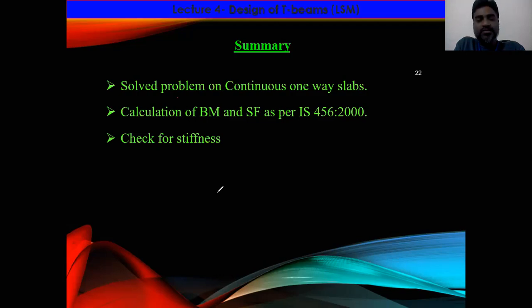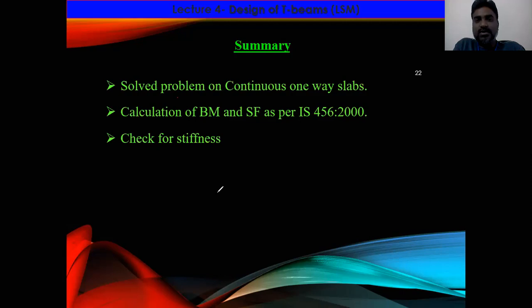Then we have calculated the working loads and the factored loads by application of partial safety factors. After that, we have calculated the shear forces and bending moments based on the method proposed by IS 456-2000, that is from Tables 12 and 13, right? Then based upon the bending moments, we have checked our dimension, that is we have calculated the depth required, and checked whether it is greater than or less than the depth provided.